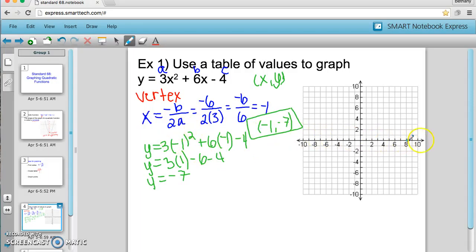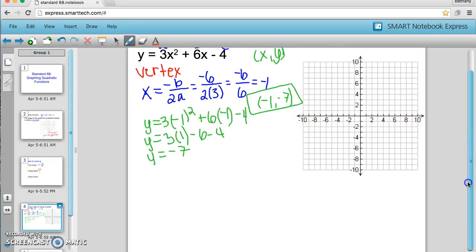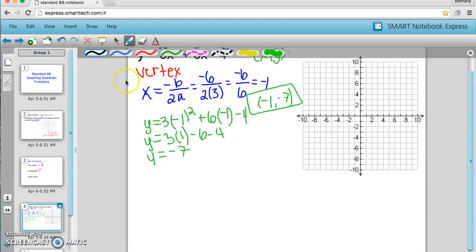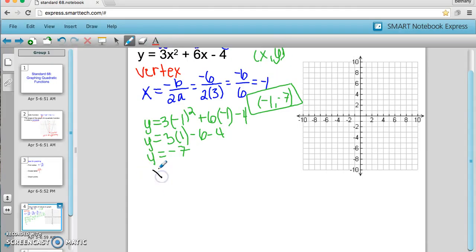Now, let me give myself some space. We're going to create our XY table to find the points for our graph over here. Let me erase my work here so that we can have some more space.